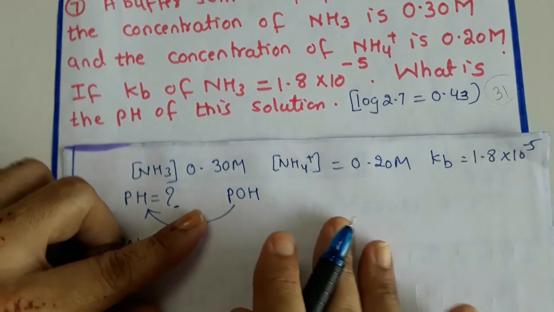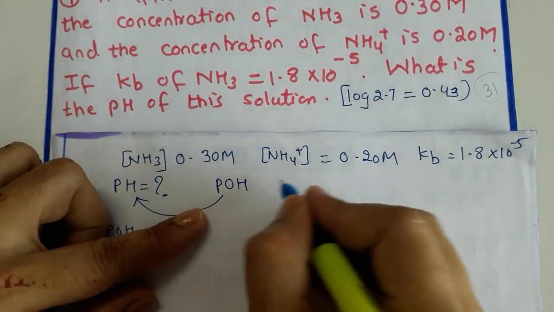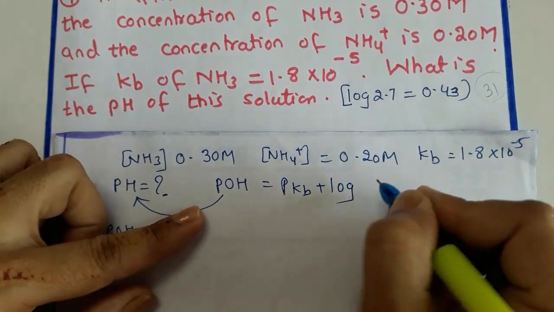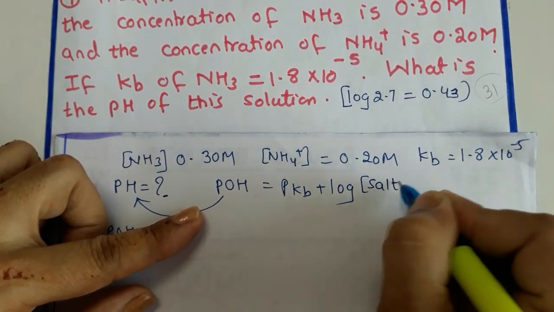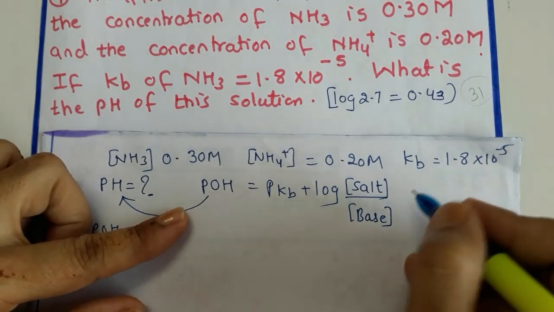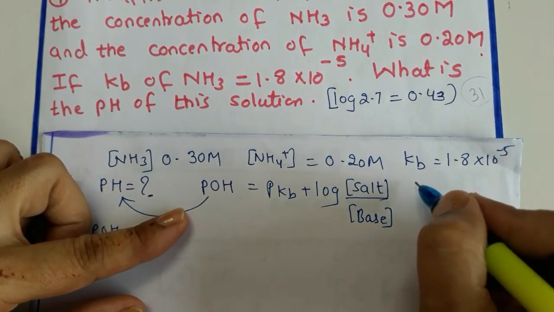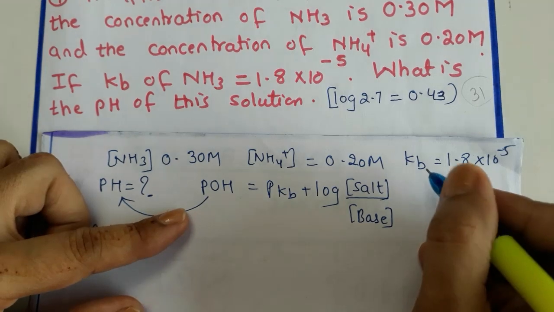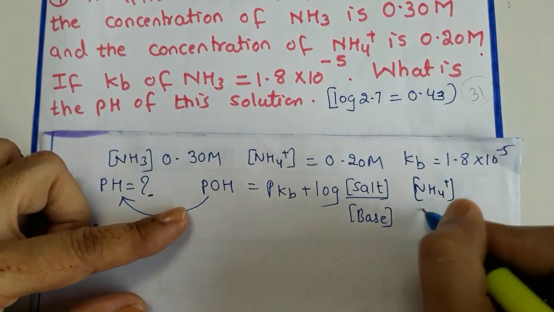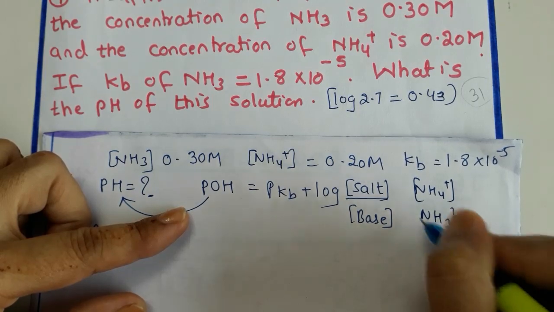So let us begin with how to find out pOH. pOH is equal to pKb plus log concentration of salt upon concentration of base. I can remember the salt here is ammonium ion, and the base would be NH3.